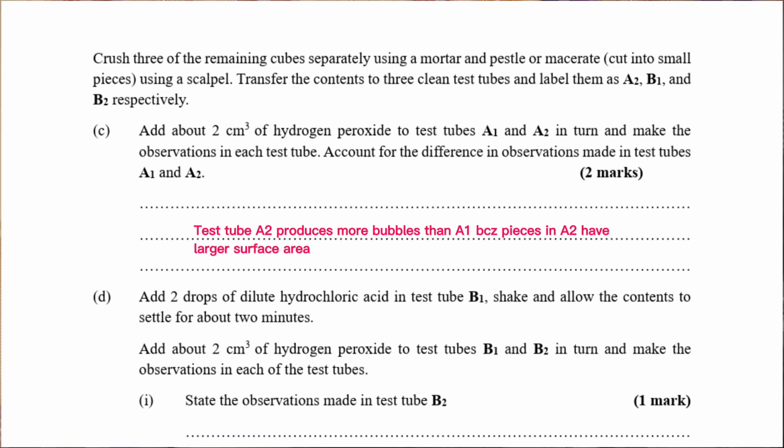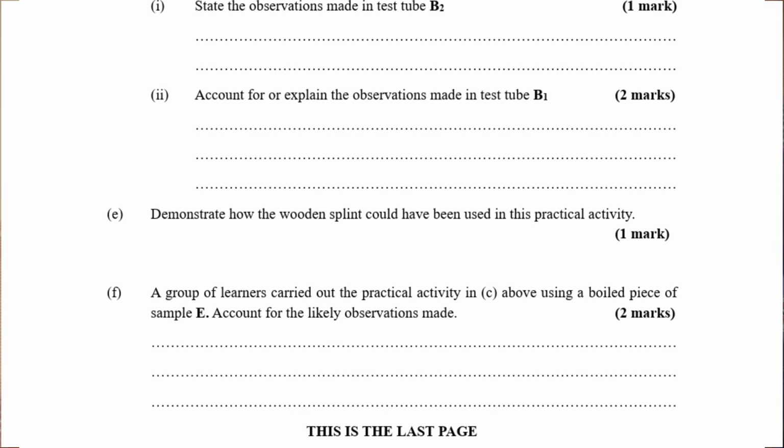D, Roman 1. Add 2 drops of dilute hydrochloric acid to test tube B1. Shake and allow the contents to settle for about 2 minutes. Add about 2 cm cubed of hydrogen peroxide to test tubes B1 and B2 in turn and make the observation in each of the test tubes. State the observation made in test tube B2.